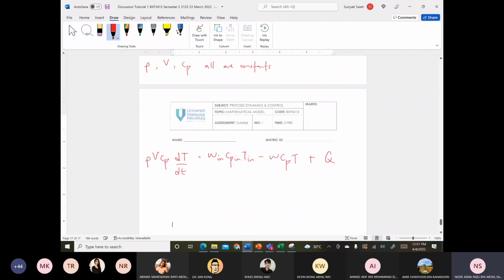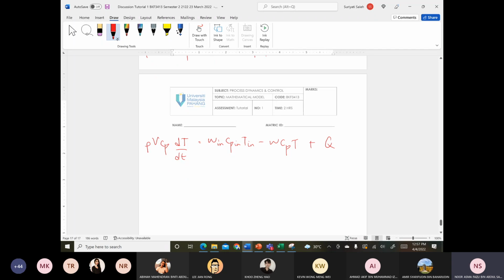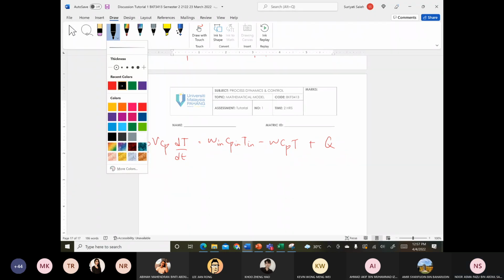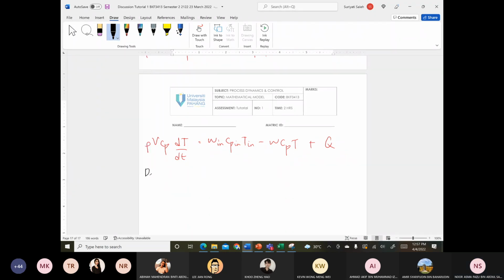So based on this, we can do the deviation form. This one is based on the dynamic state.